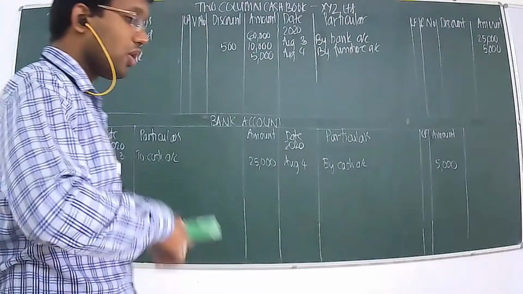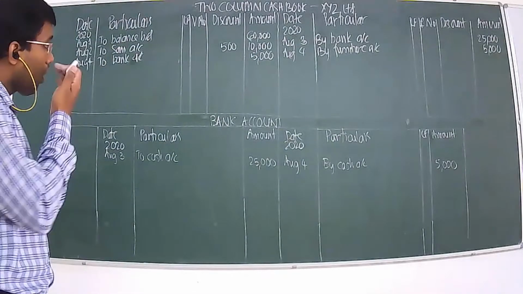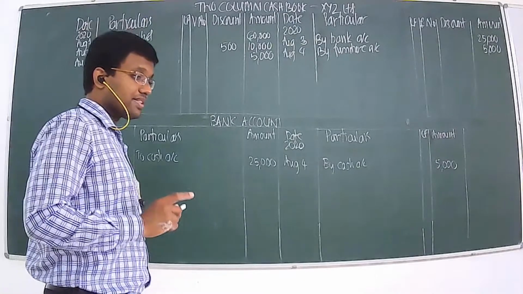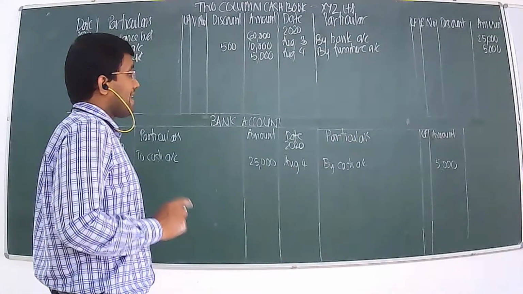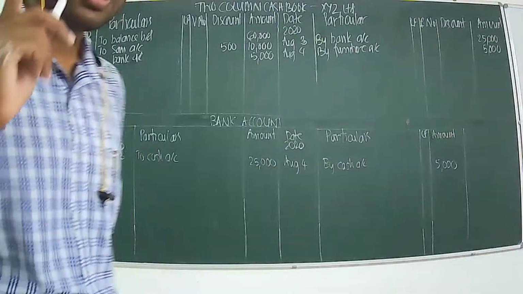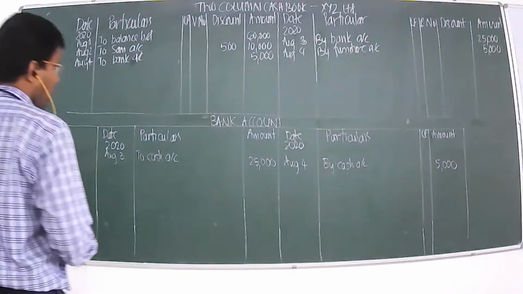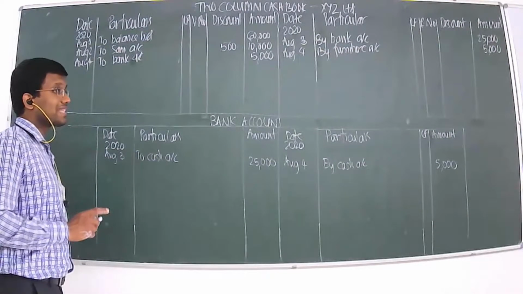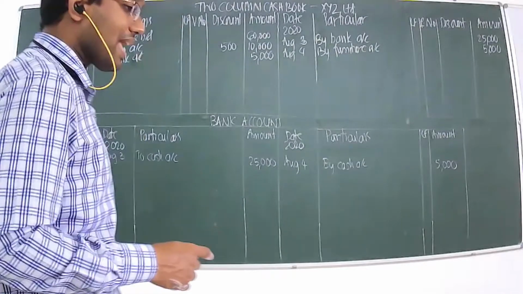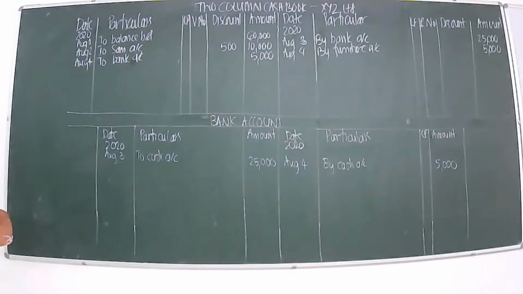Okay. Now let's look at the next one. August 5th, sold goods and received a check for rupees 10,000. So on 5th of August, what is happening? You're carrying out a sale. And when you're carrying out the sale, how exactly are you receiving the payment?